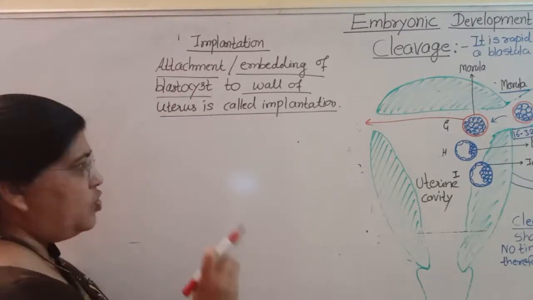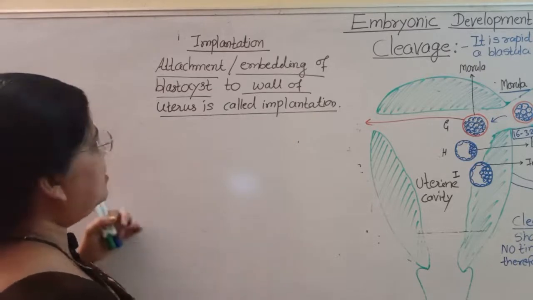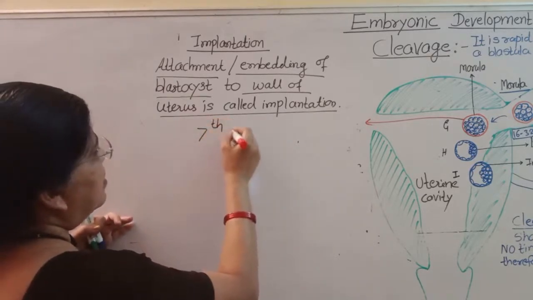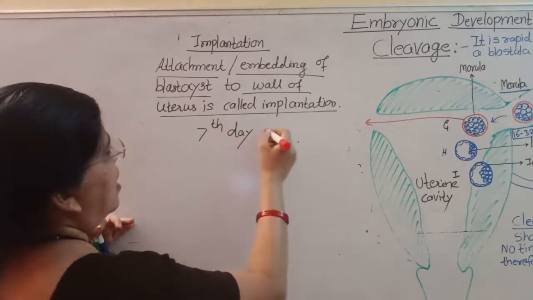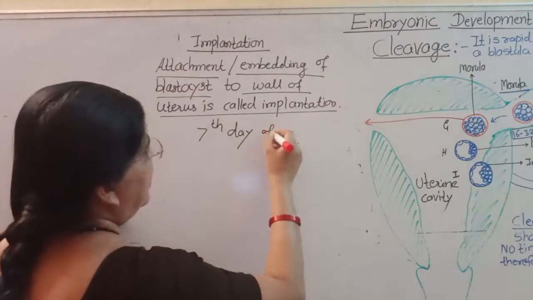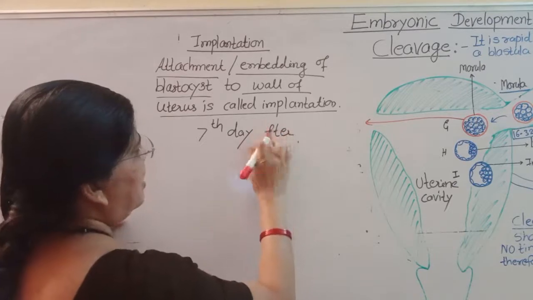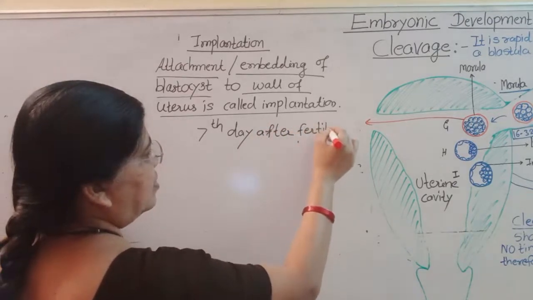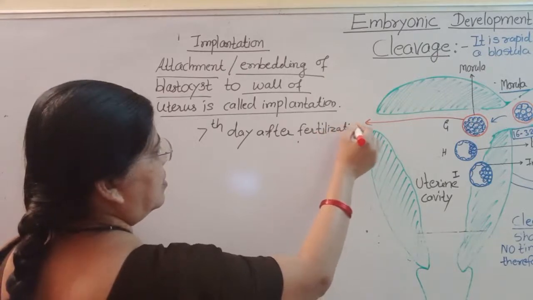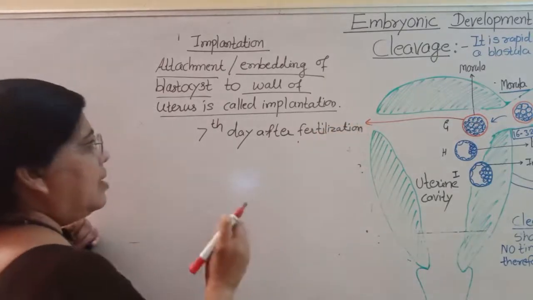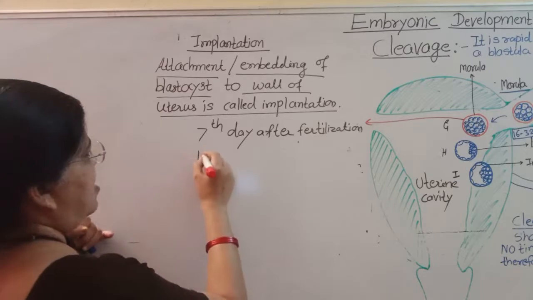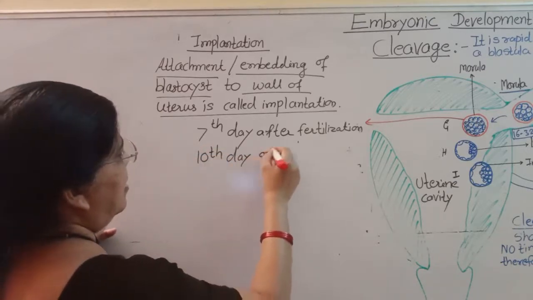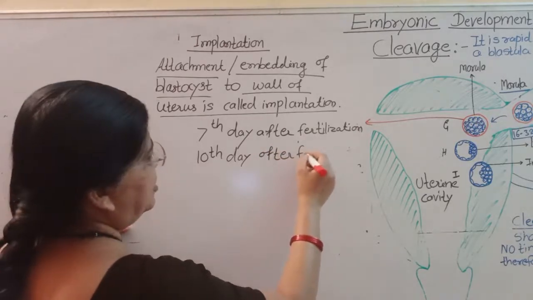And in human beings, implantation takes place around the 7th day after fertilization, and is complete around the 10th day after fertilization.